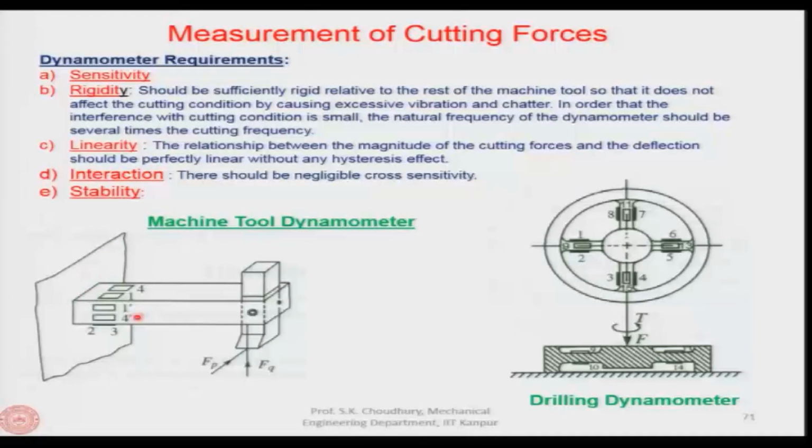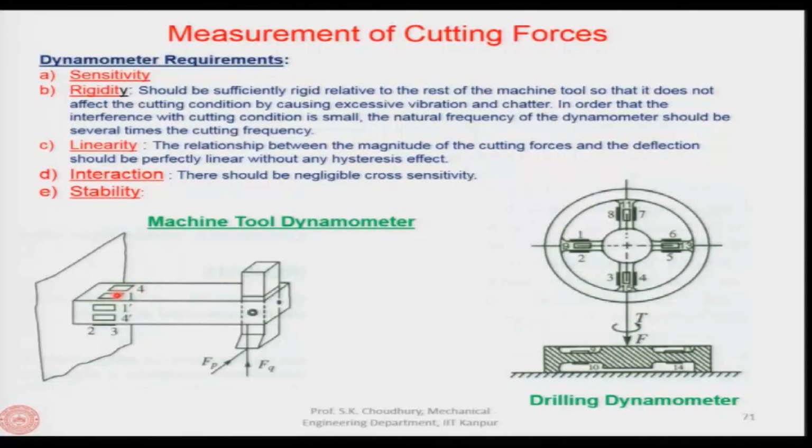This is based on the principle of the cantilever beam, and here is the structure. 1, 2, 3, 4 are the 4 sensors on this surface, and on the surface opposite to this, there are 1 prime, 2 prime, 3 prime and 4 prime. This is the surface which is 90 degrees from this.